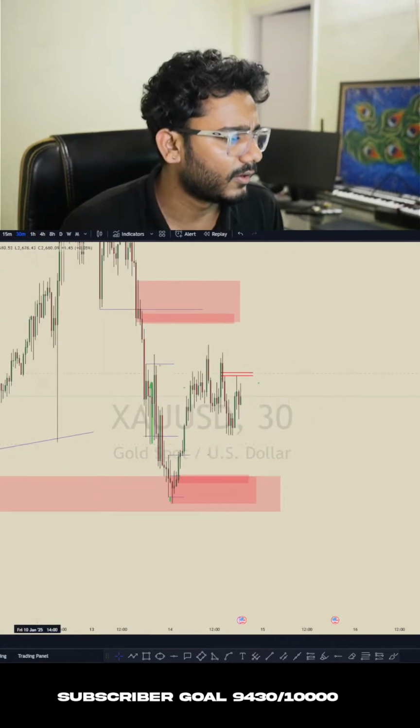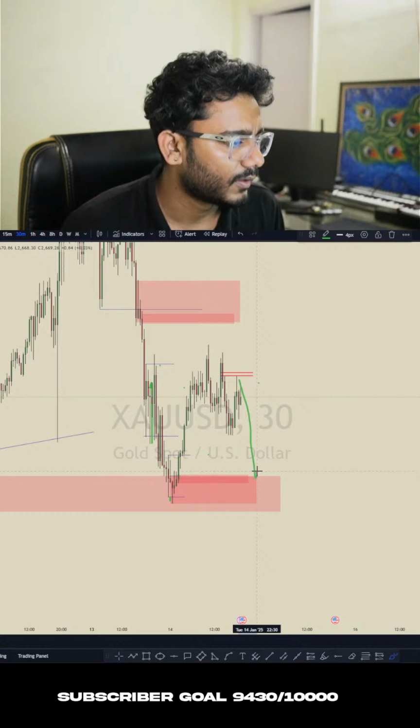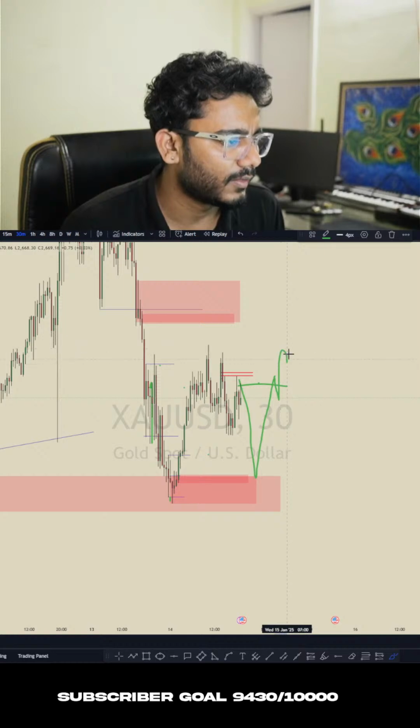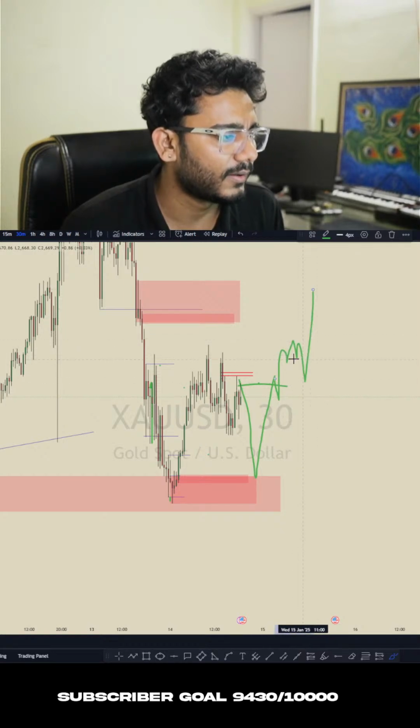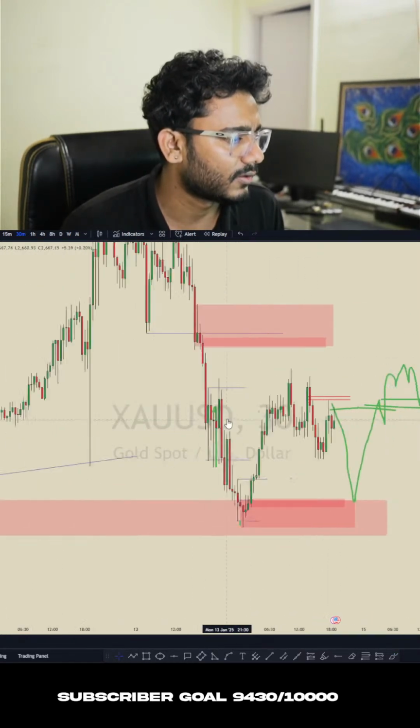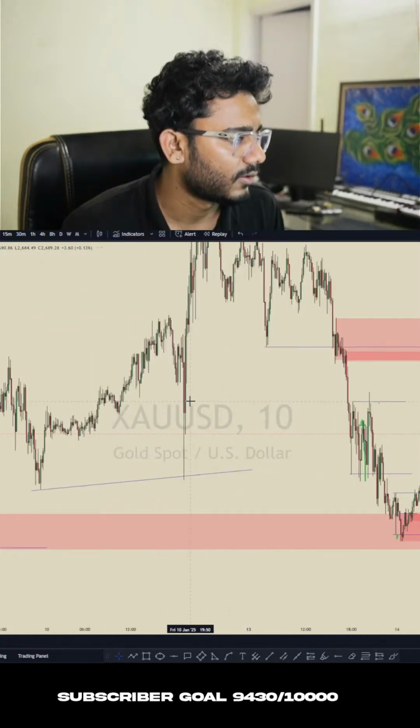And even if we miss the entry here, and price sweeps this liquidity, after this area is broken we will be looking for inducement and then liquidity, and then we'll be re-entering this trade, just like on the Friday here.